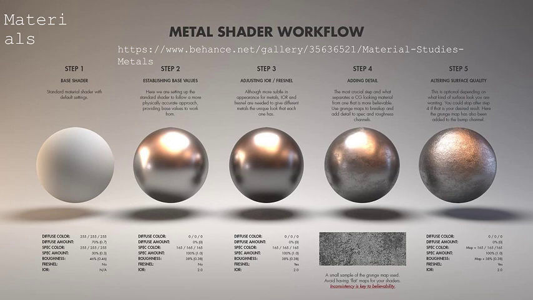So materials. Here we have a base shader. Next is step 2. This is for setting up the standard shader to follow a more physical, accurate approach, providing base values to work from, more realistic, but not that realistic.